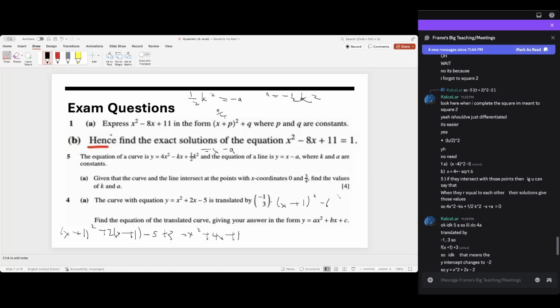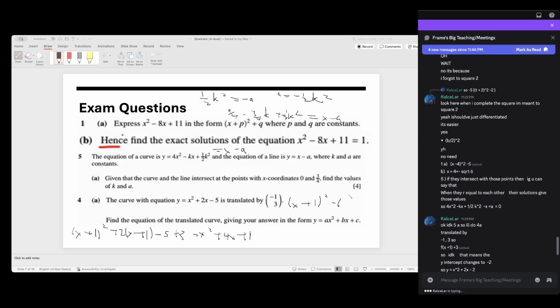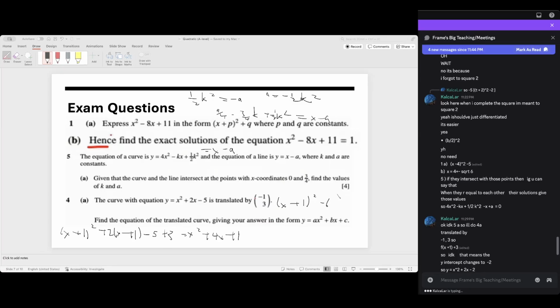We have 9/4 minus 3/4 k of half k squared is equal to x minus a, and please substitute, not x minus a, oh my god, 3/4 minus a, and you can see how we have 6/4.